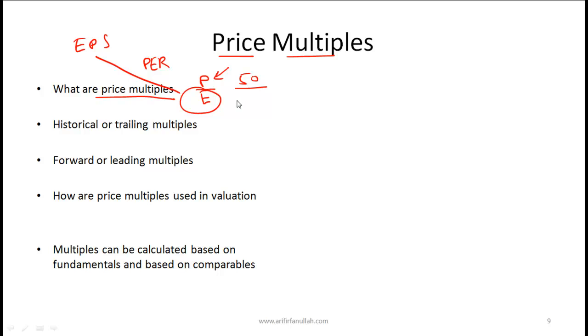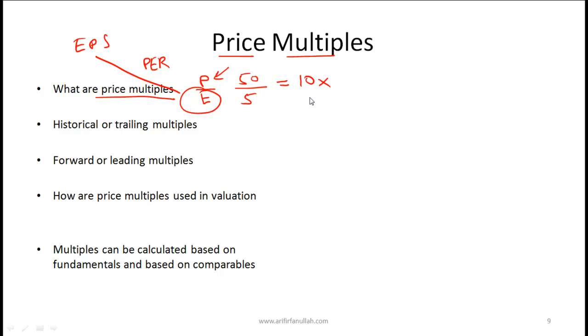So if the earnings per share for this company is $5, and the share price is $50 per share, then the price earnings ratio or the price earnings multiple is equal to 10. Sometimes you'll see this written as 10 times, where we are saying that the price of the share is 10 times the earnings.